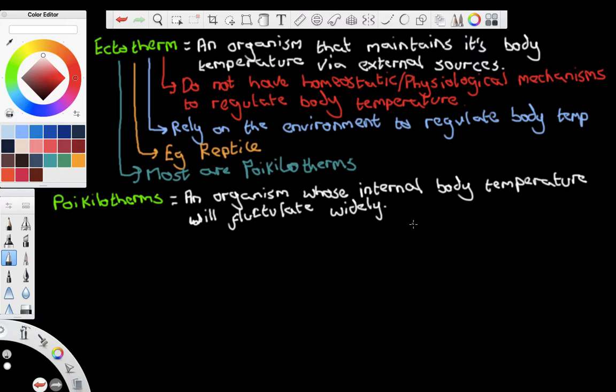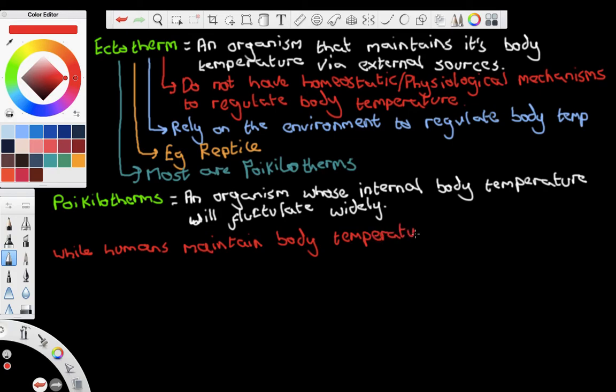Okay? So we can say that while humans maintain body temperature at 37 degrees Celsius, reptiles have no way of doing this.